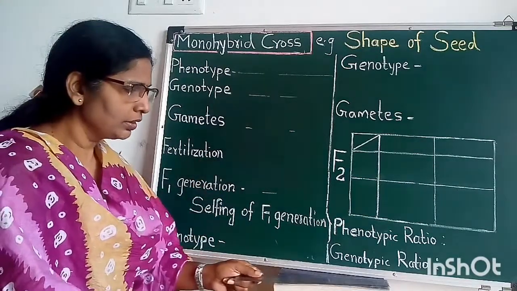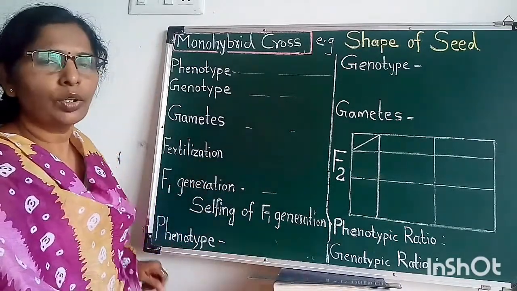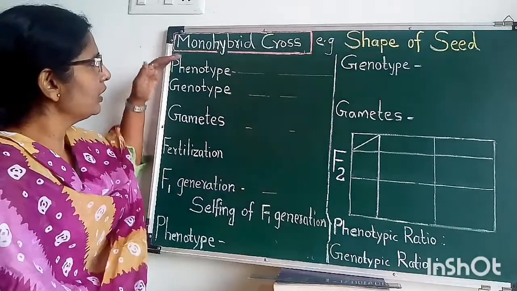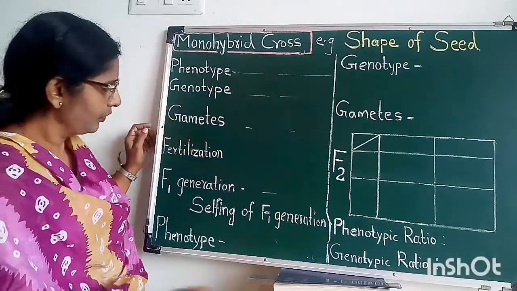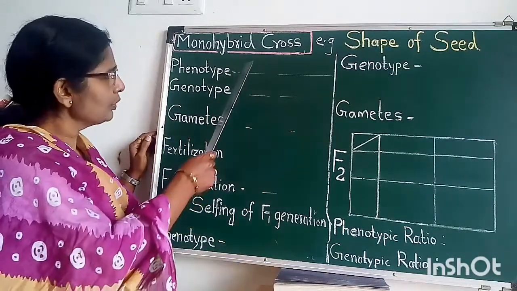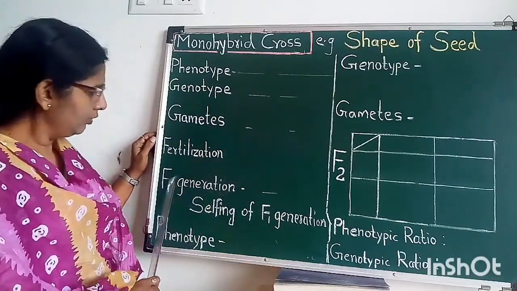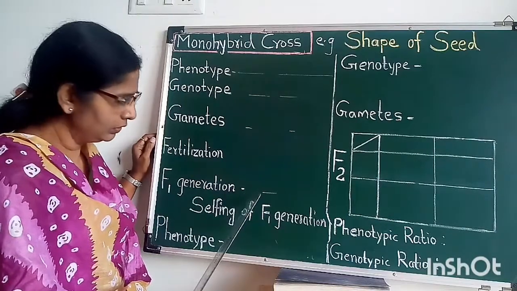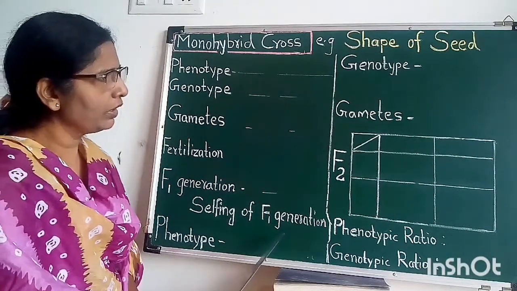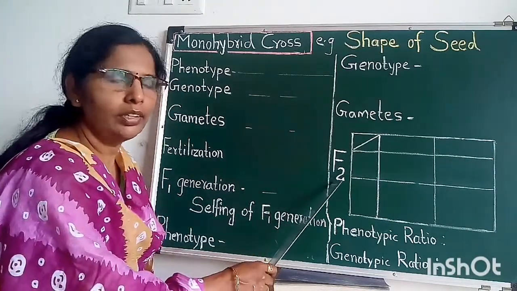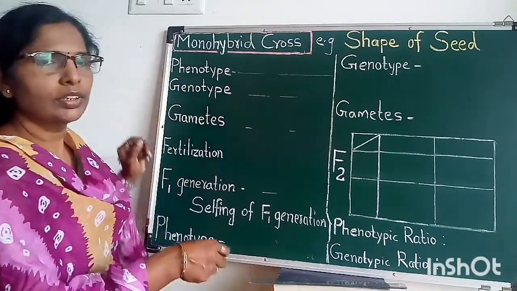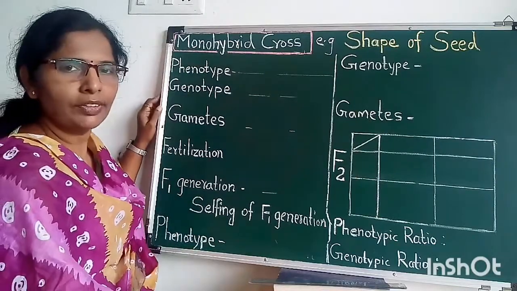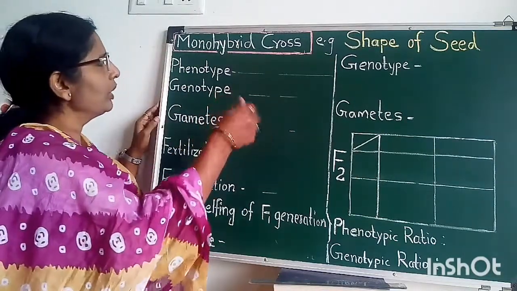Whenever we are starting a cross, we need parents, that is the cross will begin with parental generation. Once it starts with parental generation, then we'll get F1 generation, then again second parental generation and then only we'll get F2 generation. Now to start with the cross, we'll take the parents first and we'll cross the parents.